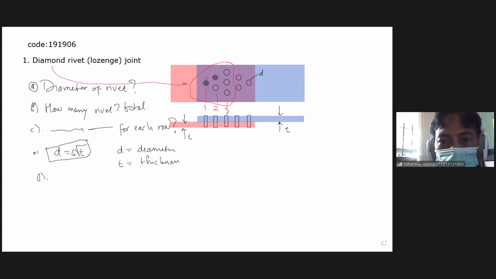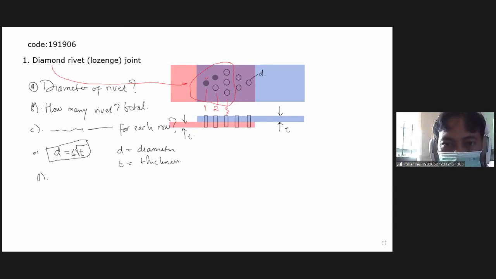Both of them we have to consider, because the strength of the joint will be driven by the weakest component in that joint. We don't know yet which one is the weakest, the plate or the rivet, so that's what we want to analyze.